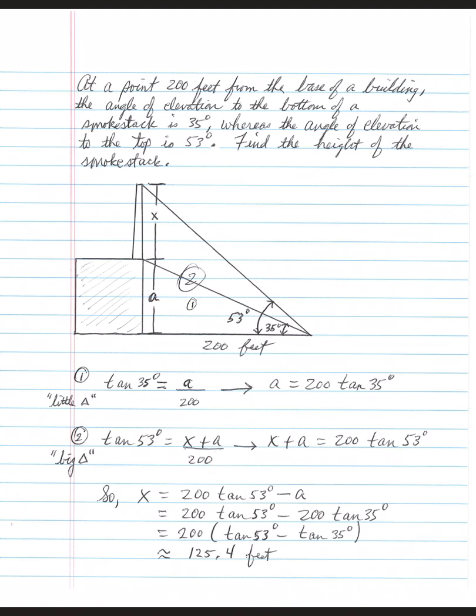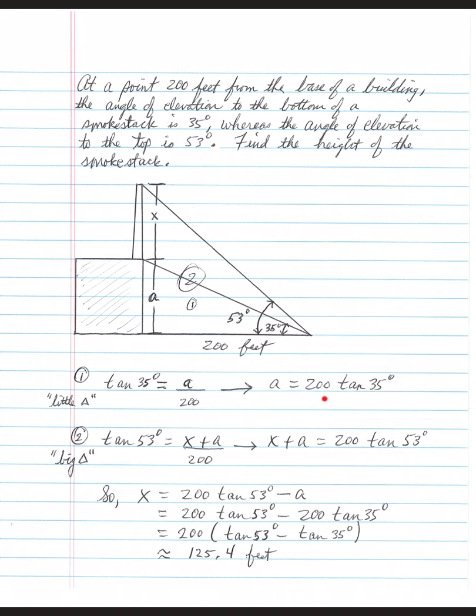Multiply both sides by 200, x plus a equals 200 tan 53. Now, since we are looking for the height of the smokestack, all we need is x. Now, if we solve this for x, we bring a over and subtract it. So x is going to be 200 tan 53 minus a.